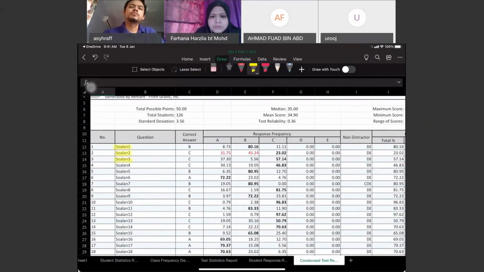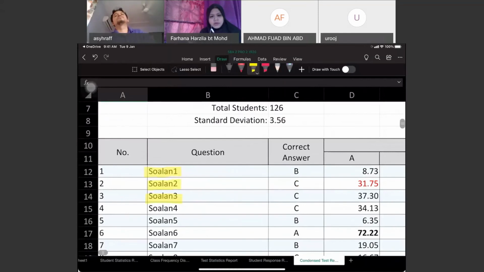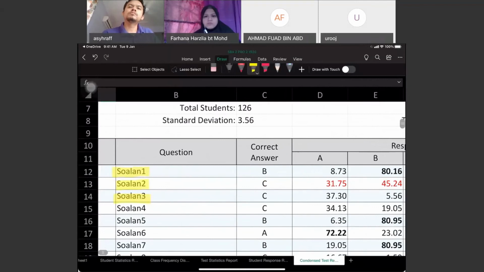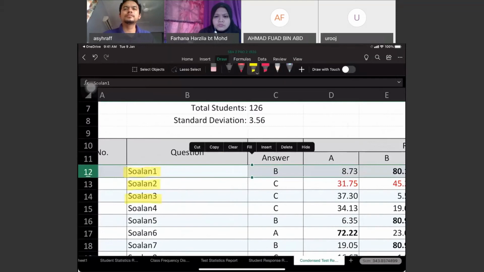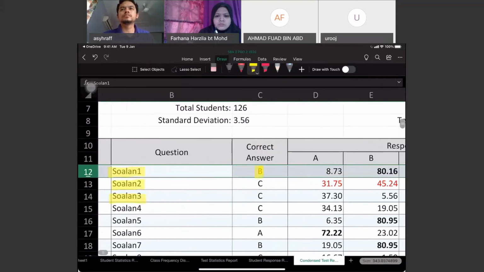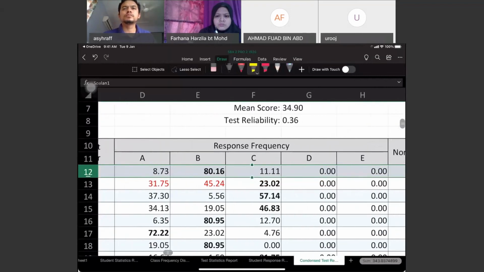Can you read this a bit more? Okay. So this happens to be a single best answer. For question 1, for example, the correct answer is B. Usually they will tell you how many got the correct answer and how many percent.